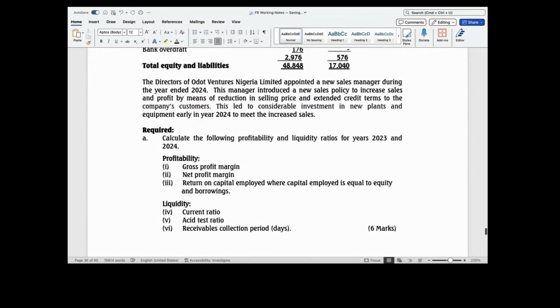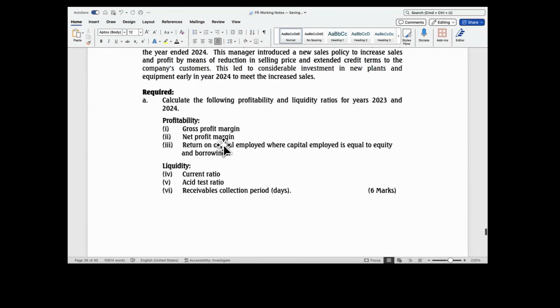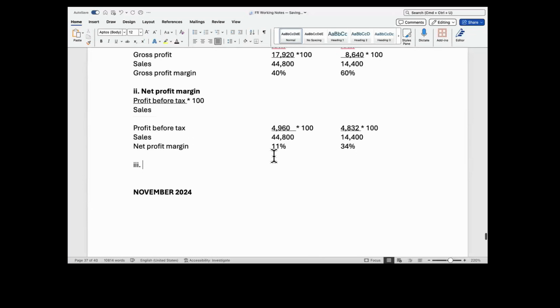Number 3, we're asked to calculate return on capital employed, where capital employed is equal to equity and borrowings. I think I taught you something around this: where the examiner specifies what you use as capital employed, you should be careful which profit you use.